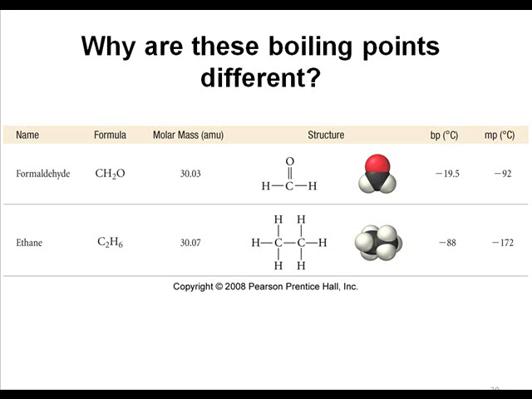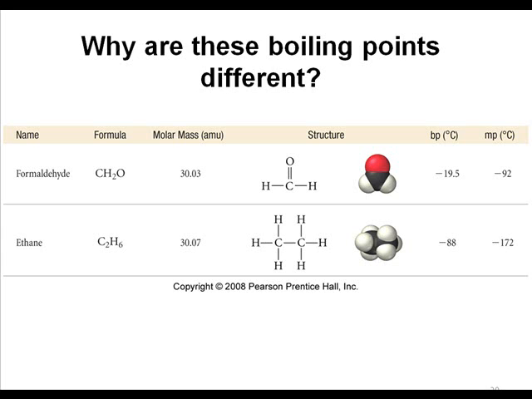Now, crucial: the formaldehyde boiling point is higher than it is for ethane, and that's because the formaldehyde molecules are polar, and therefore you get a lot of dipole to dipole interaction. They're held together well. It's hard to pull them apart, and so the boiling point is actually fairly high.